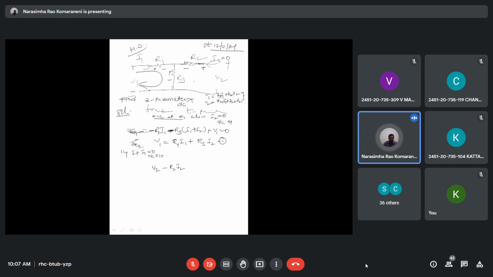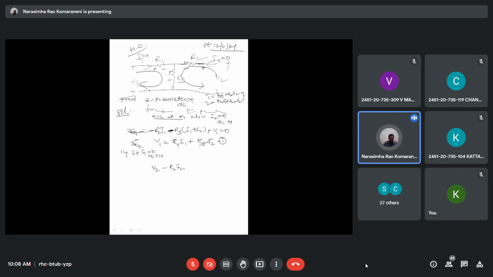Similarly, open circuit port 1, that is substituting I1 equal to 0, and apply KVL at port 2, the output side. Here I2 is 0, so this term is 0.